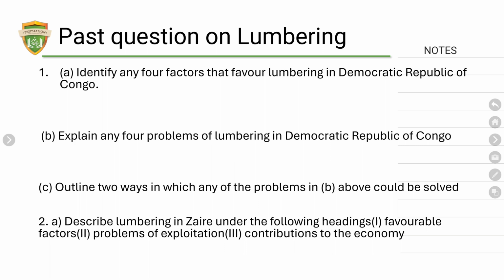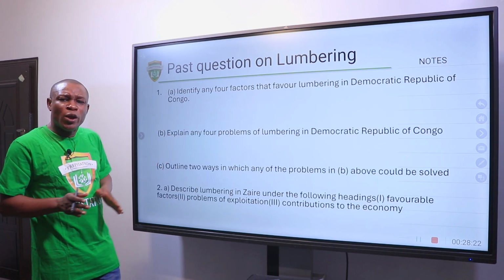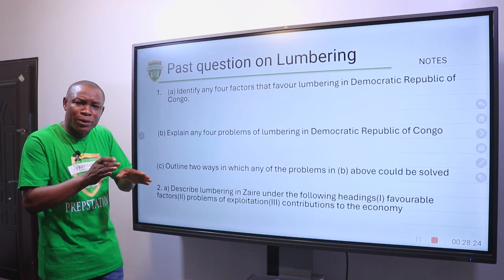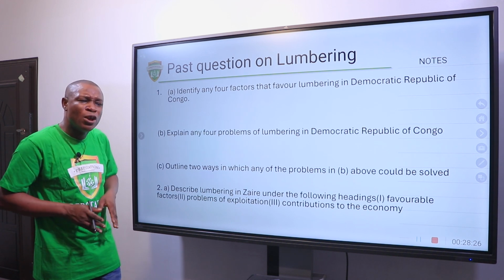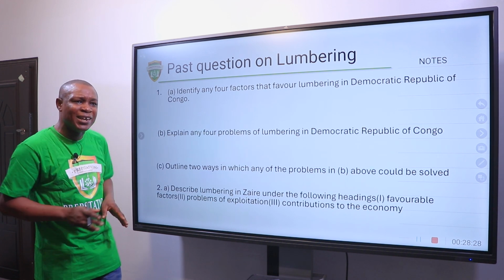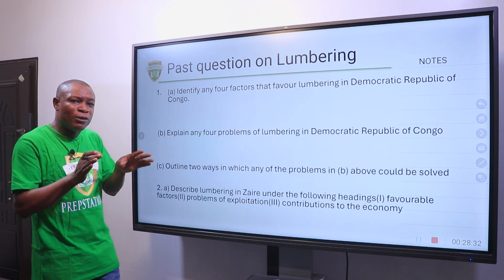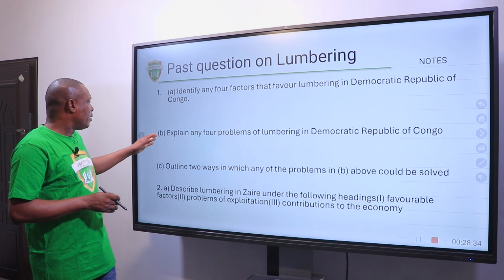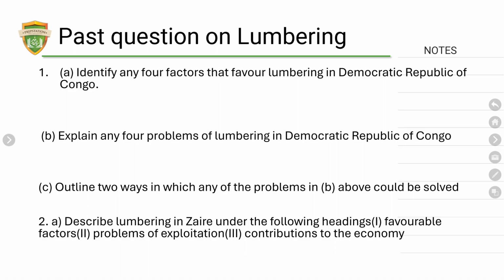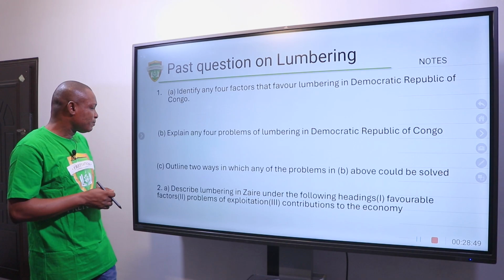Now, in dealing with this question, lumbering is lumbering. Whether it is in Congo or in Zaire, the same factors favor lumbering activity. The B part is explain 4 problems of lumbering in the area, and then outline 2 ways in which any of the problems identified in B can be solved.